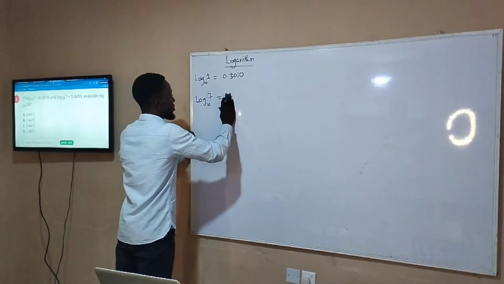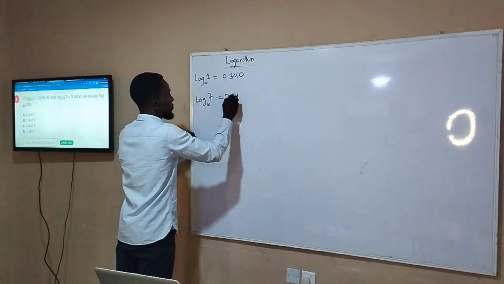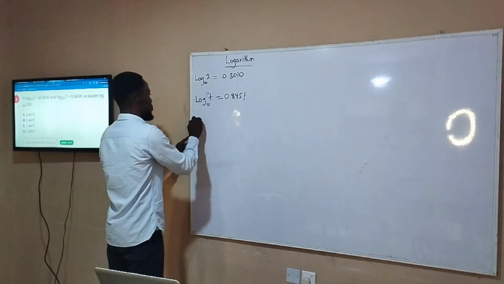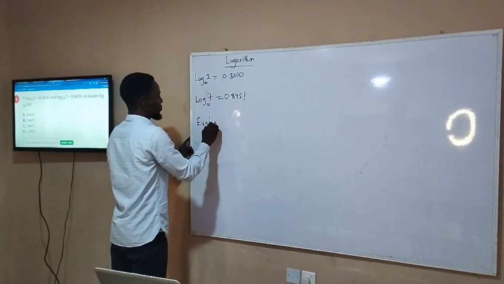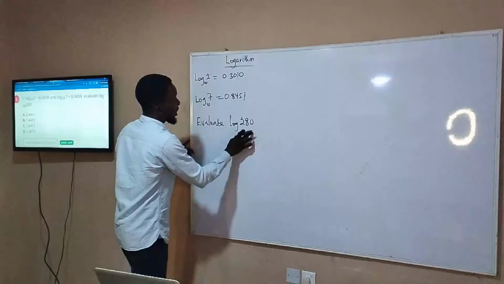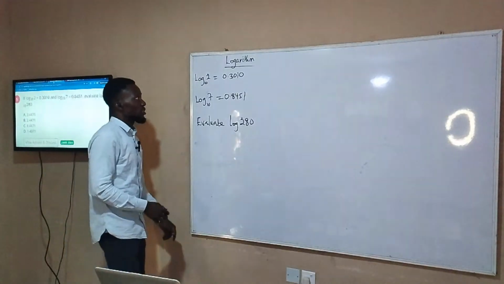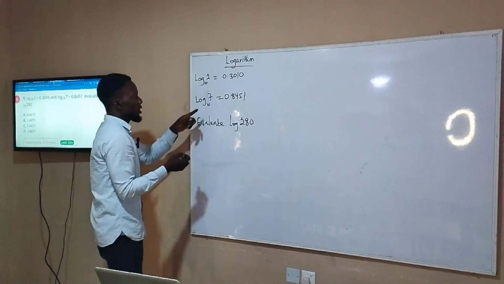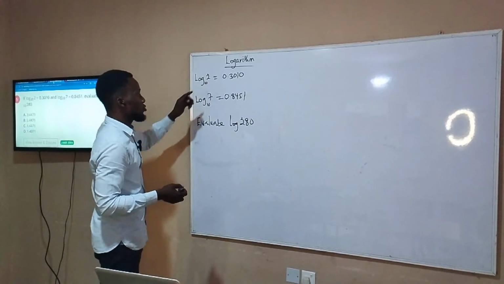What I need to do here is to make sure that I solve it in a way that log 7 will reflect and log 2 also reflects.